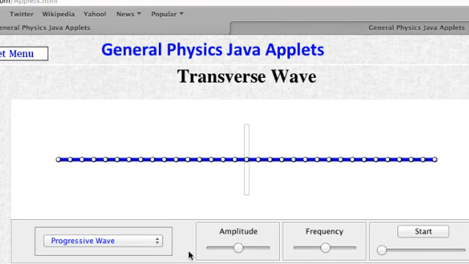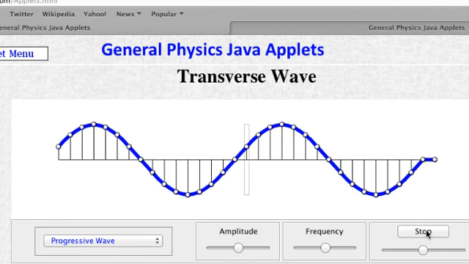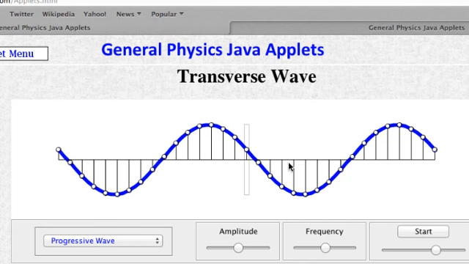If we are doing a displacement position graph, we would say, okay, stop. We're taking a picture of this graph here, and you can see you have the entire length of the material that's creating the wave. And so you have a crest here, and a trough here, crest here. We've just taken a picture of this at some given time.